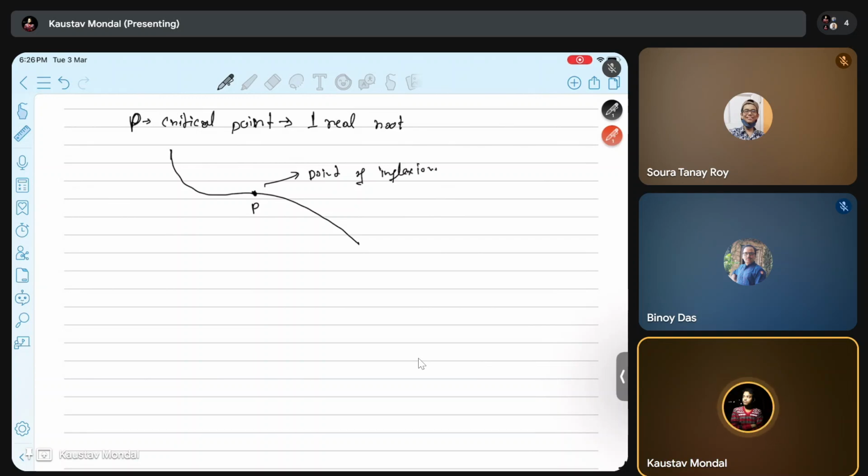It means this curve initially shows a concave type of behavior before this point of inflection, and after this point it shows the opposite curvature. So the curvature changes.